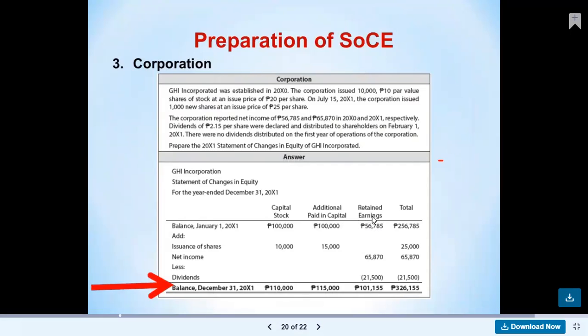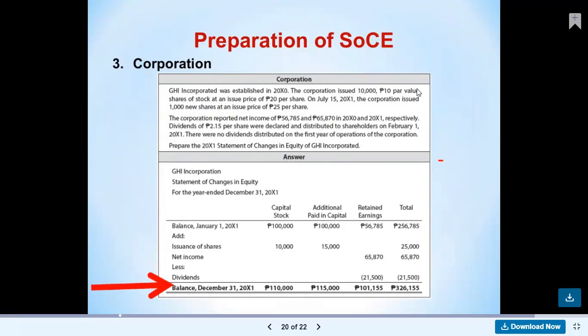This is the reported net income. So this is retained earnings because this is the reported net income of last year. And as you can see, we have the net income for the year of 65,870.